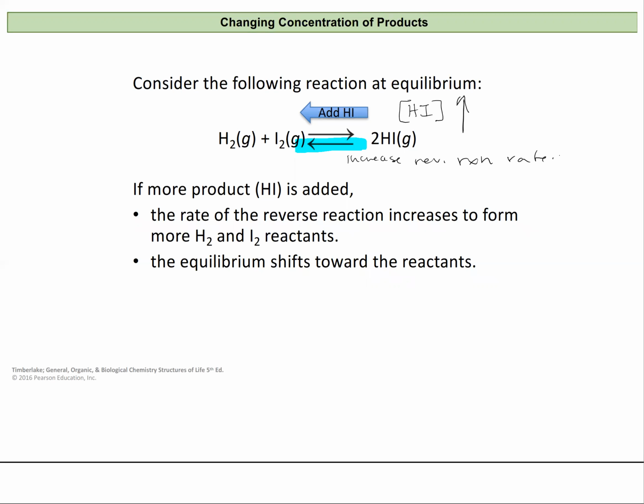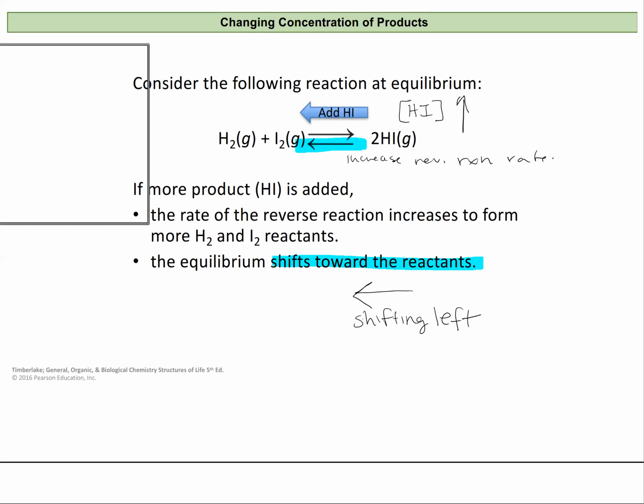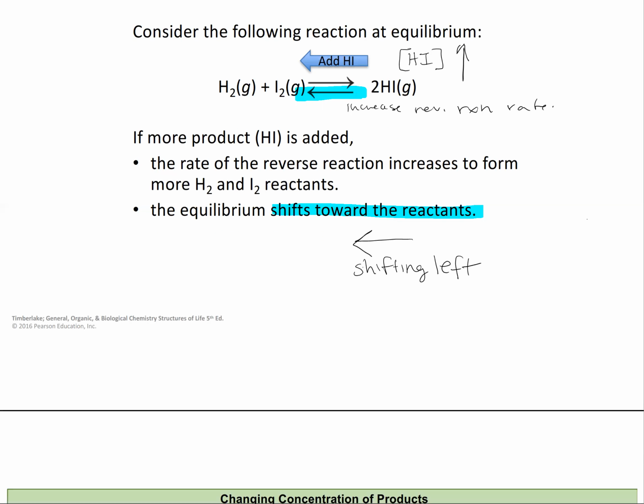And so we'll see that our equilibrium is going to shift towards our reactants. We could say that it's going in this direction or shifting left in order to reestablish equilibrium. We'll form more of our reactants to get back that balance.